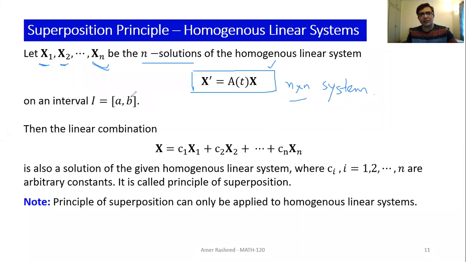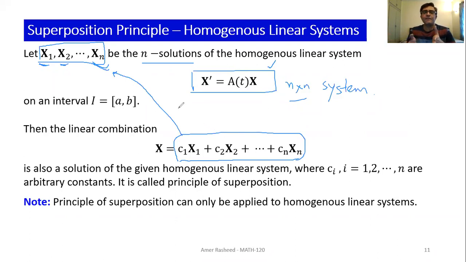Then the linear combination of all these solutions, how can we write it? Linear combination: a constant times x1 plus constant times x2, and so on, cn times xn. This is the linear combination of all these solutions. So what is the superposition principle?